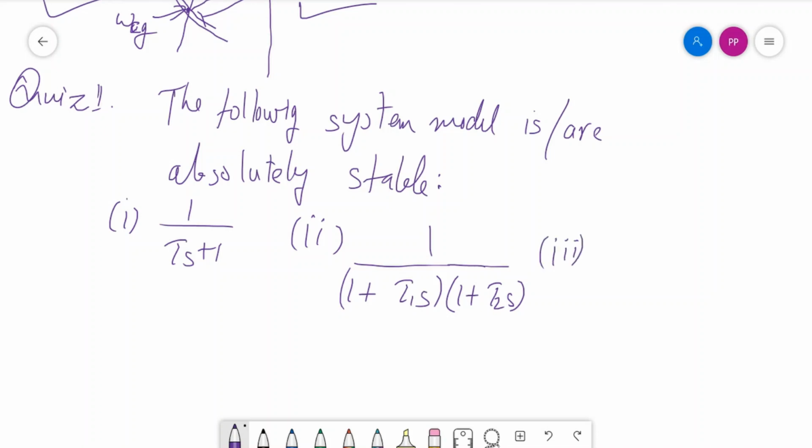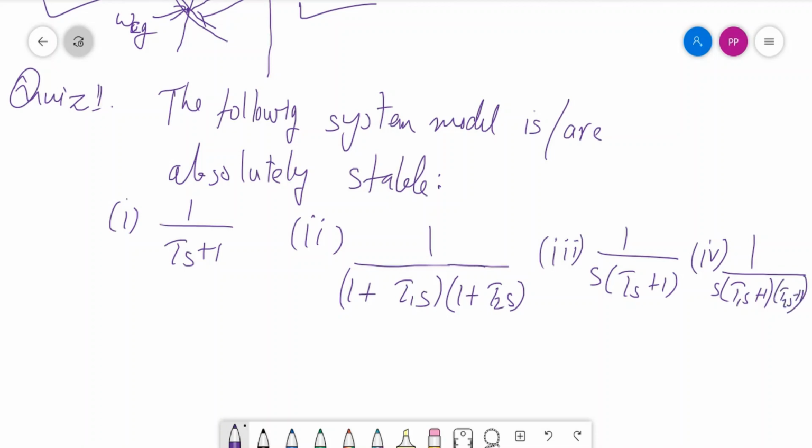Third, 1 divided by s into tau s plus 1, and the fourth one is 1 divided by s into tau 1 s plus 1 into tau 2 s plus 1. So we have 4 transfer functions, and let us see which of these transfer functions will give us an absolutely stable system.